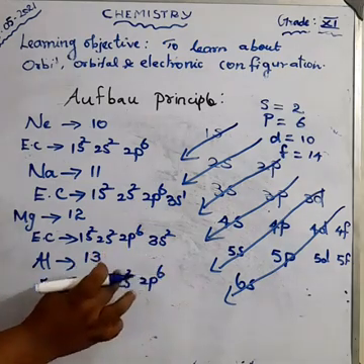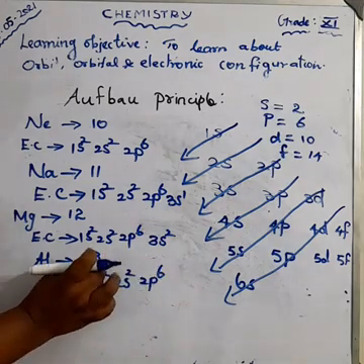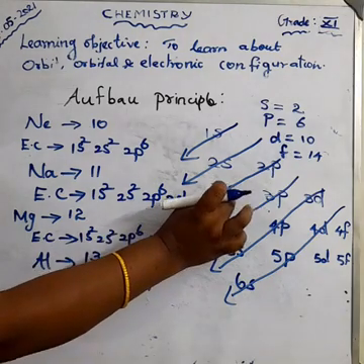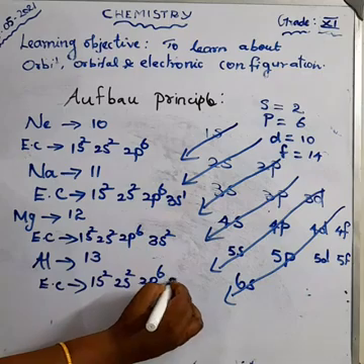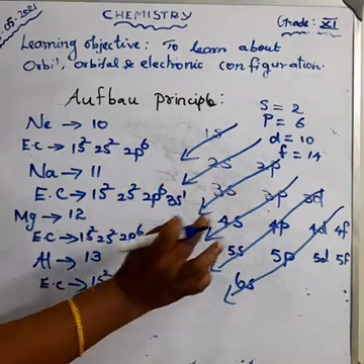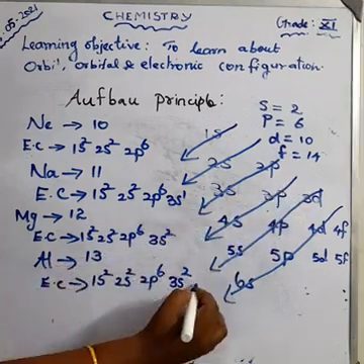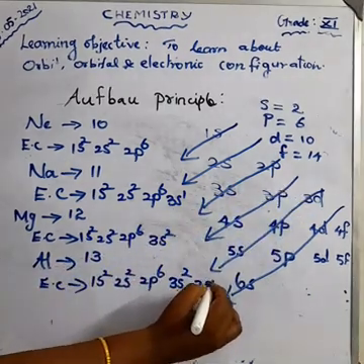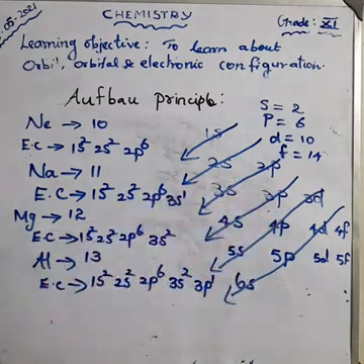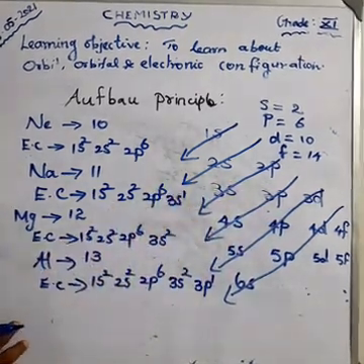So 6 plus 2 is 8, 8 plus 2 is 10, and 3 electrons are remaining here. The s orbital can occupy only 2 electrons, so 3s2. So the remaining 1 electron we can accommodate in the p orbital, 3p1.